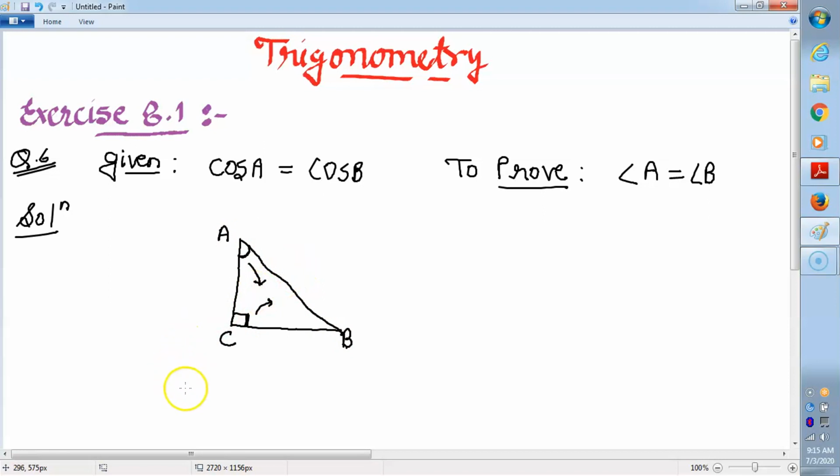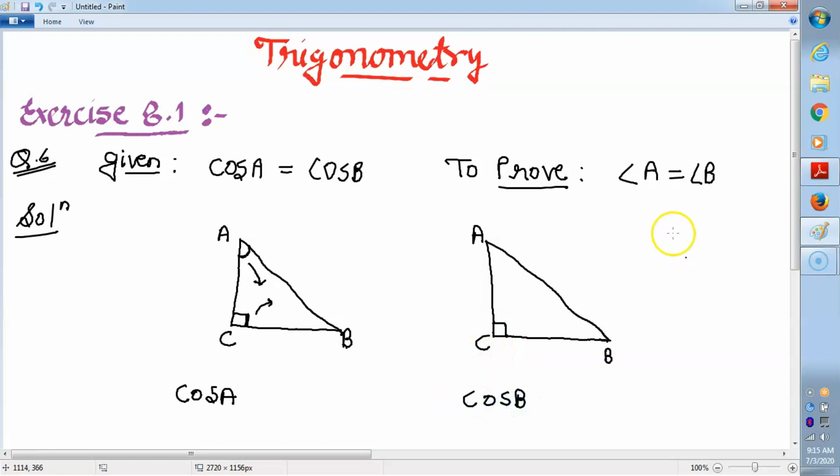Correct? So, we are drawing two triangles, the same triangle, but to write the relation cos A and cos B, we are just drawing it two times, right angle at point C. In this, we will decide cos B. To decide the trigonometric ratios, first draw a small table.